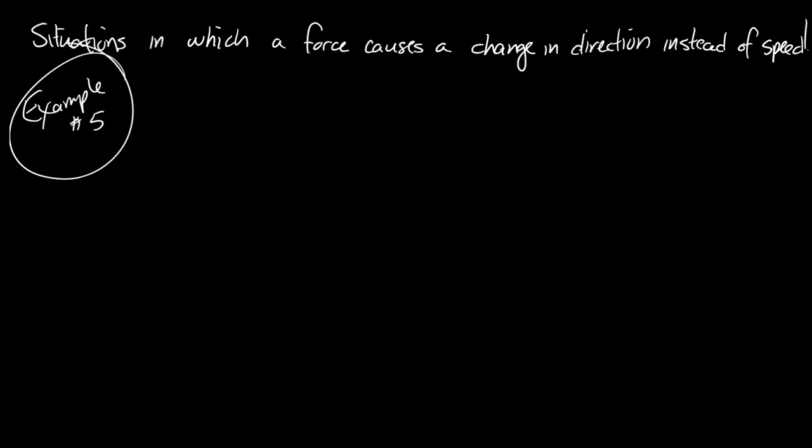You see, if we have an object that's moving in a straight line, let's just say we have some object with a velocity this way, and for our object, we'll just have a ball. Just a ball in space. If I want to change its direction without changing its speed, I have to be very careful about how I apply a force to that object.